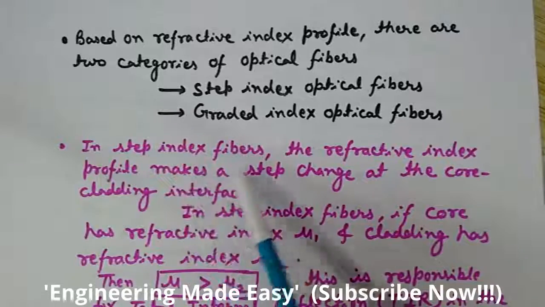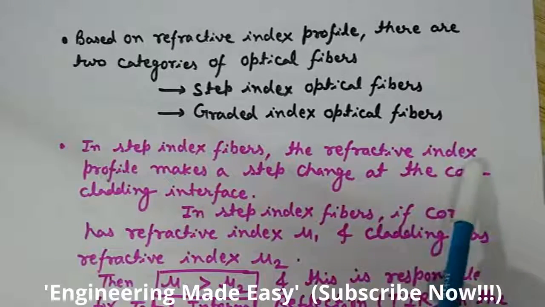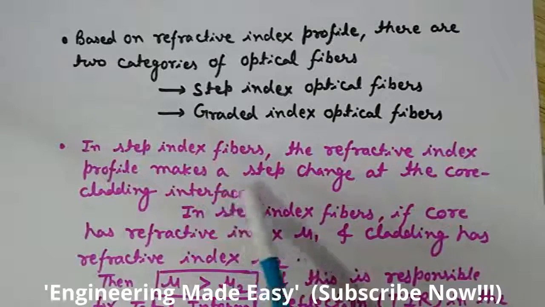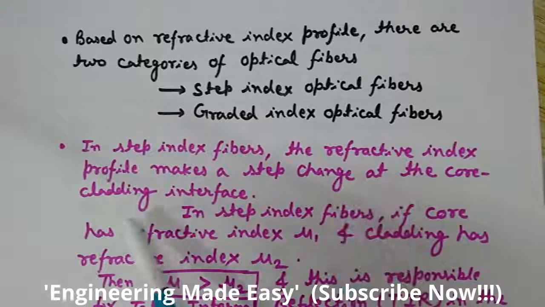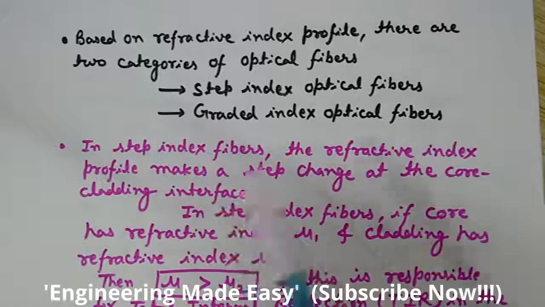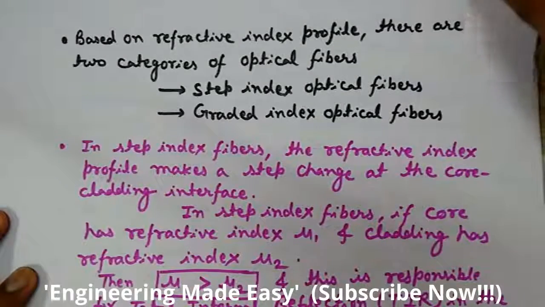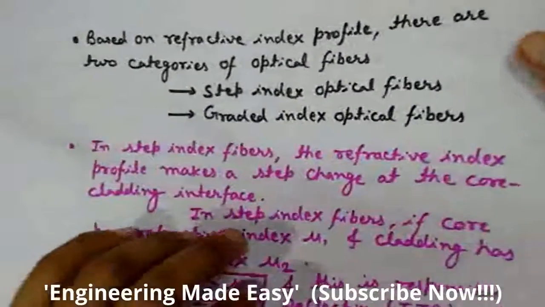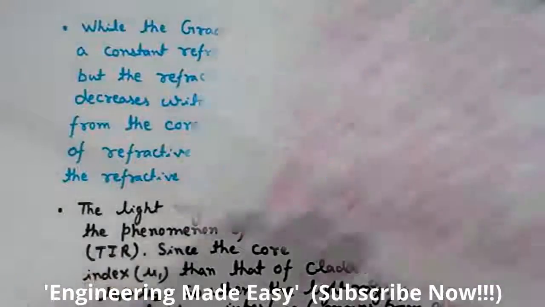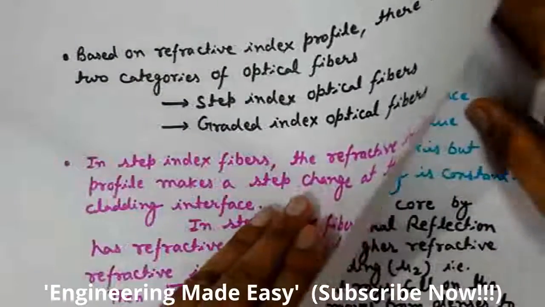In step index fibers, the refractive index profile makes a step change at the core cladding interface. As I told you, there is a core. Let's see the structure. First let me show you. Can you see this?